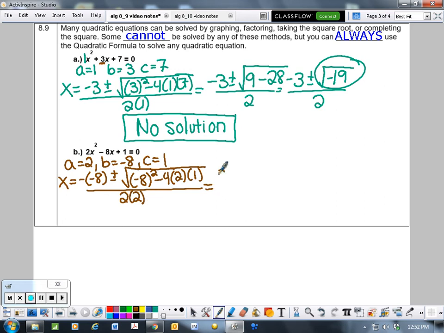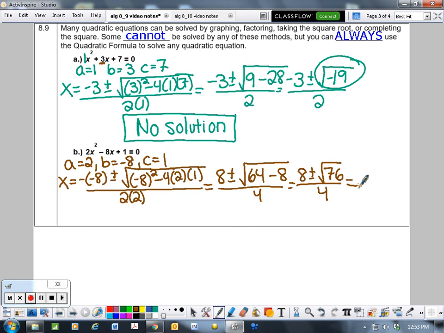So this is going to become 8 plus or minus the square root of 64 minus 8 over 4. So we get 8 plus or minus the square root of 76 over 4. And again, not a beautiful perfect square, but we can calculate it on a calculator.